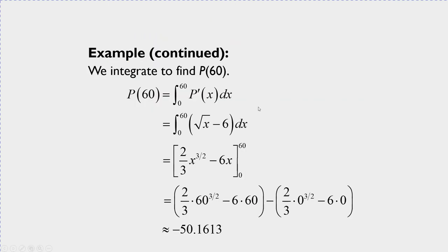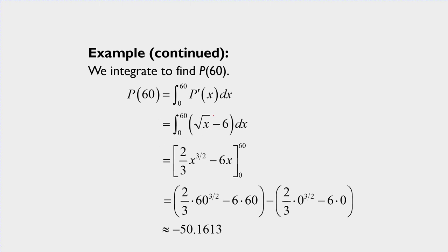So P of 60 you could do as the definite integral from 0 to 60 of P prime of x. It's the same thing. Now, if you didn't have 0 here, if you put like 1 or 2 or something, it wouldn't be P of 60. That's really important, okay? 0 here, because when you plug in the 0 bound, well, what's the profit when you sell 0 units? 0, so it's going to go away, which is why you do that. So you're going to integrate from 0 to 60, square root of x minus 6.